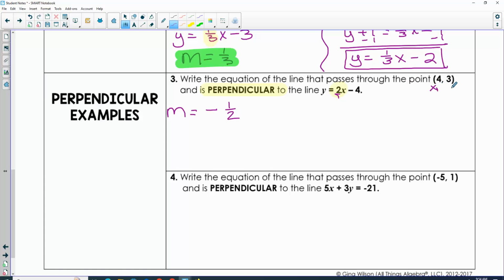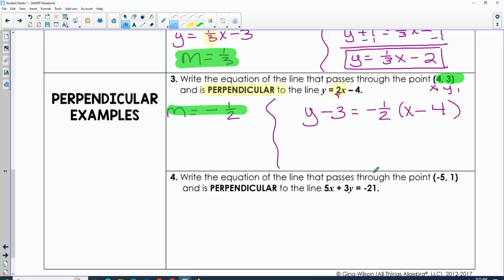Now I know my point, x1, y1. I've got my slope. So we do our equation. Y minus y1 equals m, negative 1/2, times x minus x1, x minus 4.